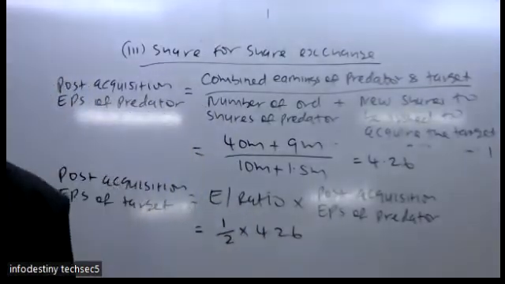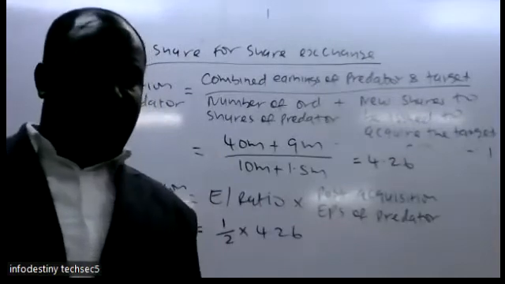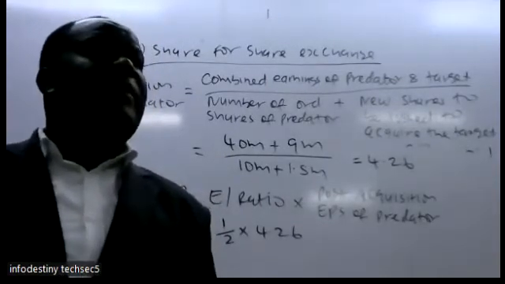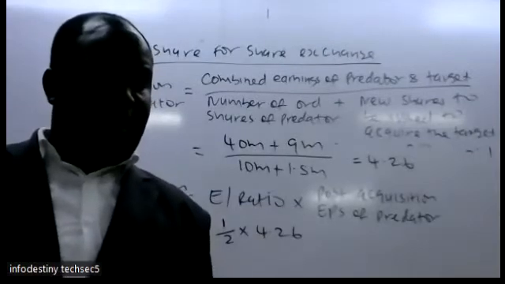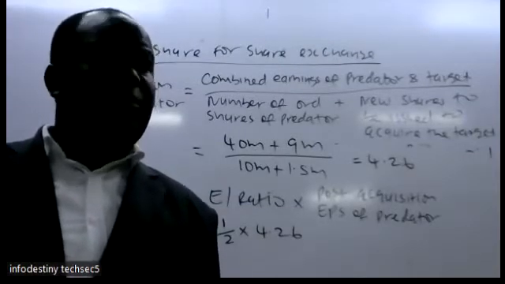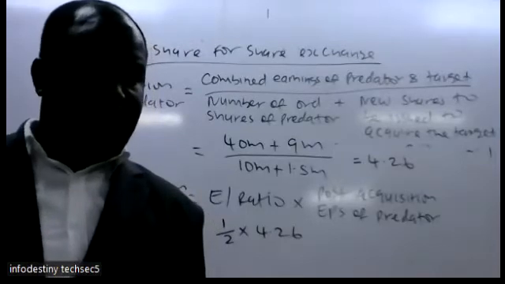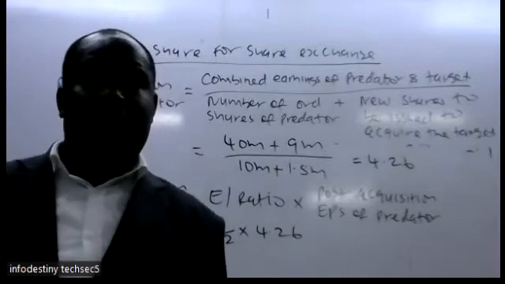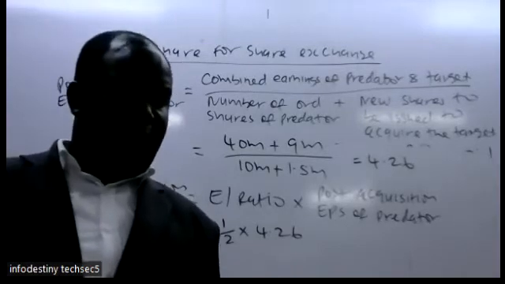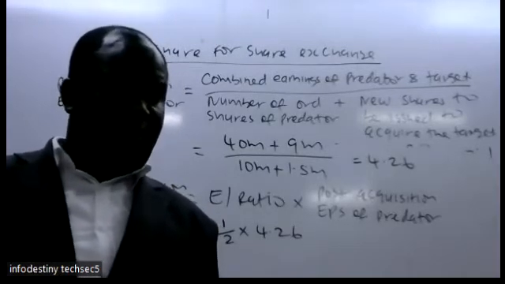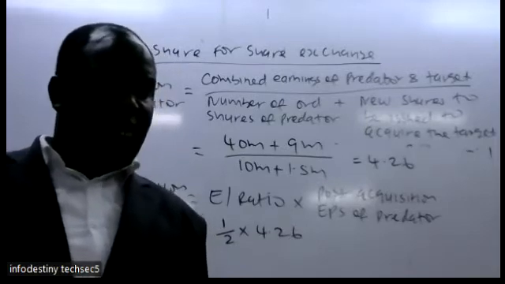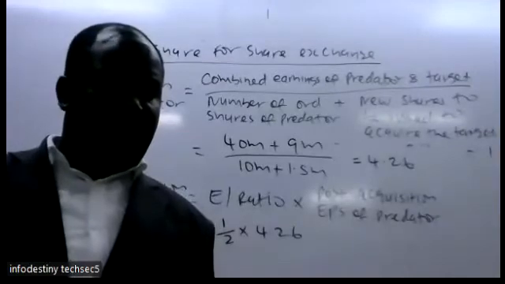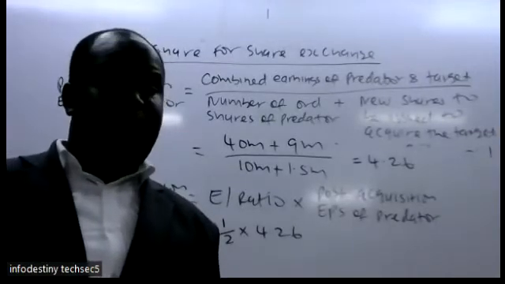So finally, we go to Roman letter 4. Roman letter 4 is A Limited post-acquisition earning per share, assuming that for every 100 ordinary shares of B Limited, the shareholders are offered 12% debentures of shillings 100 par value.